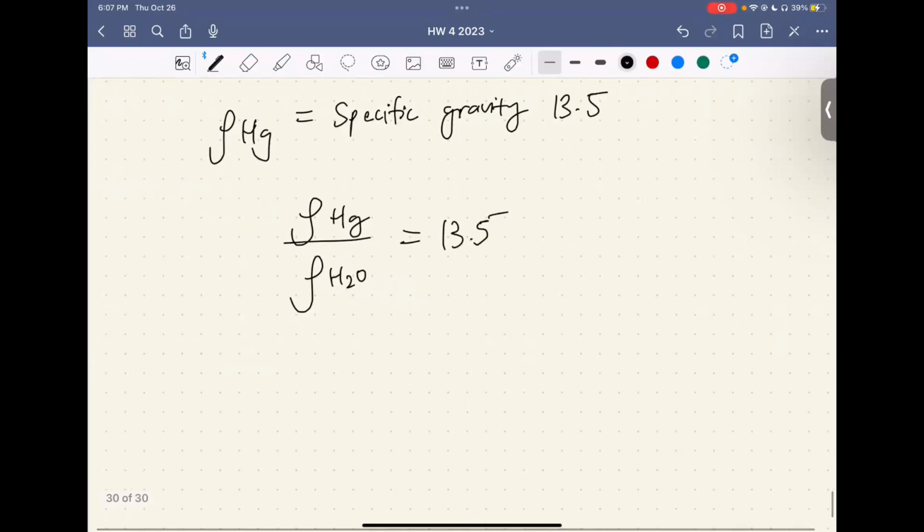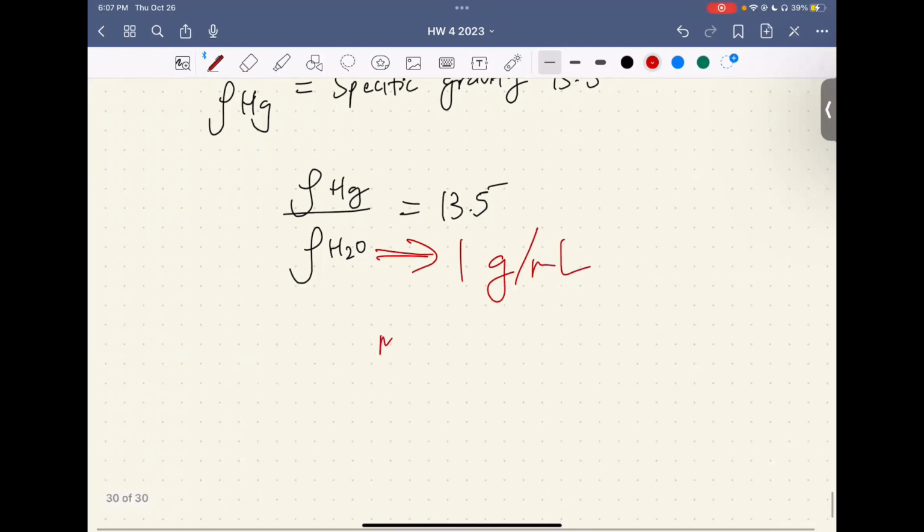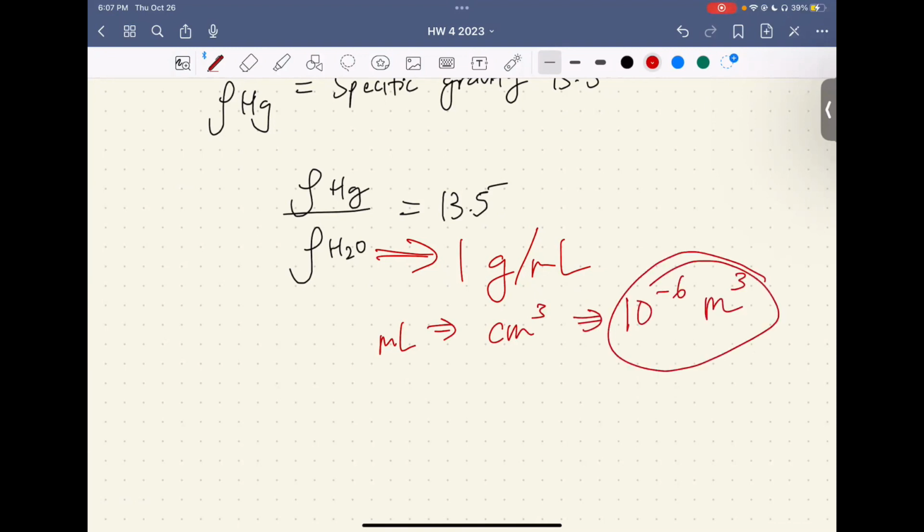And we know that rho H2O is 1 gram per mil. Mil units can be converted to centimeters cubed, which is 10 to the negative 6 meters cubed. We want to make these conversions prior to starting because it will make life easier when we cancel out units and make sure everything is good. So just keep that in mind.